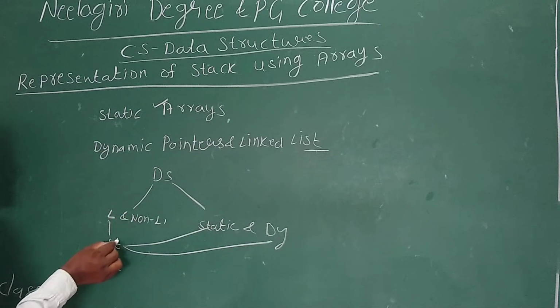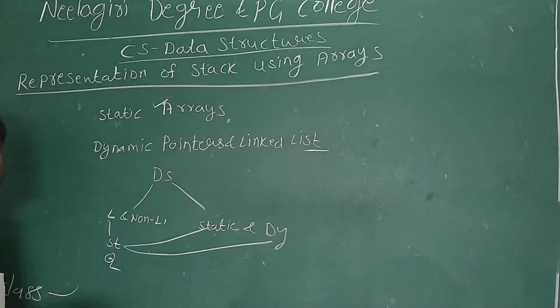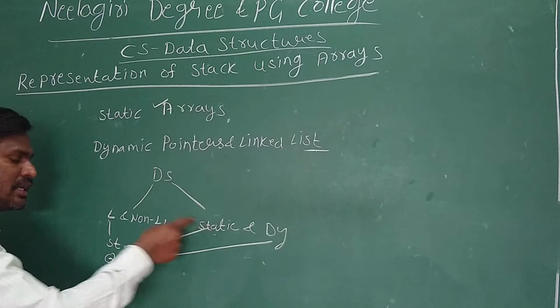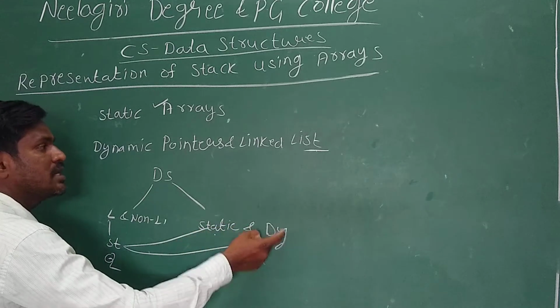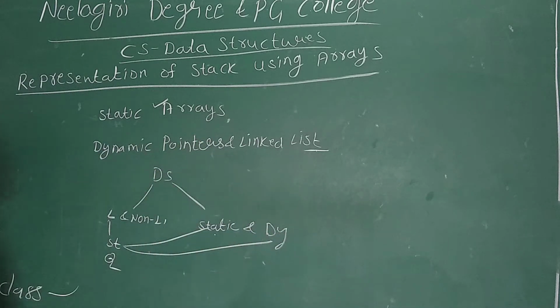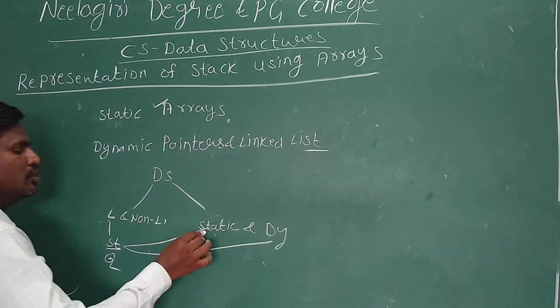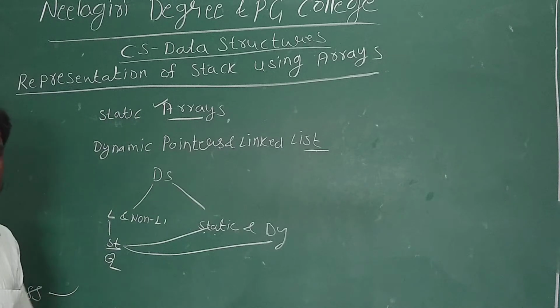If we represent a stack using arrays, that is called a static stack. If we represent a stack using pointers and linked lists, that is called a dynamic stack. So now we will discuss how to represent a stack using arrays, that means the static stack.